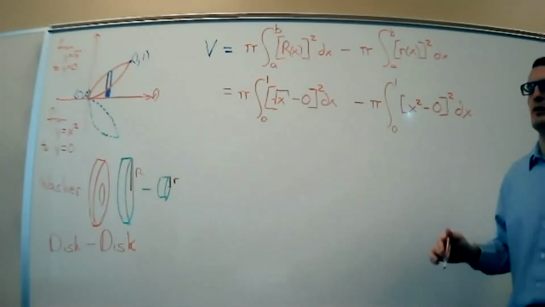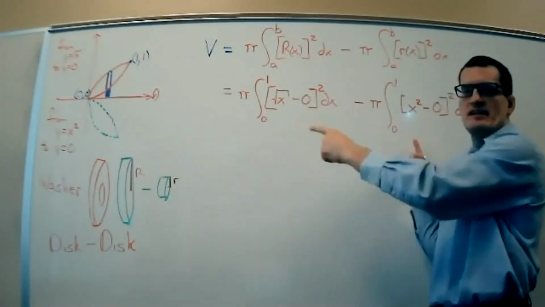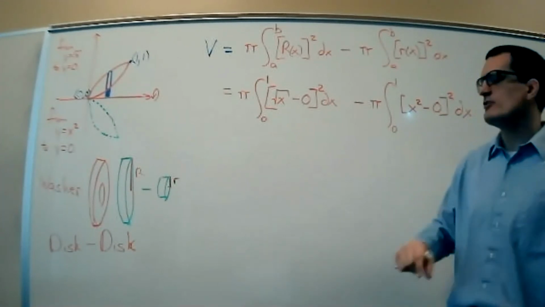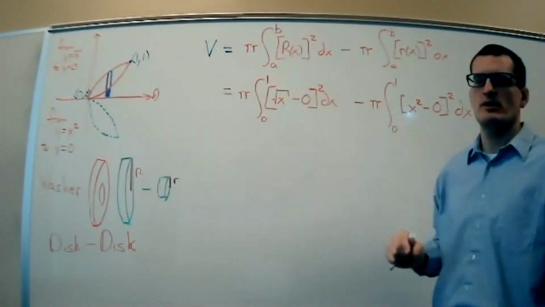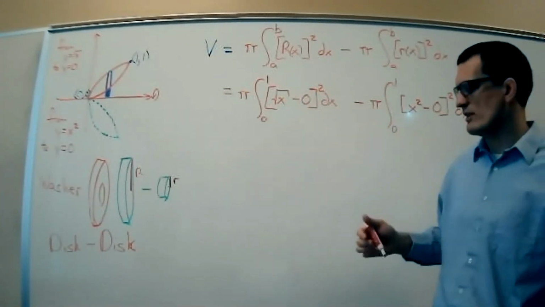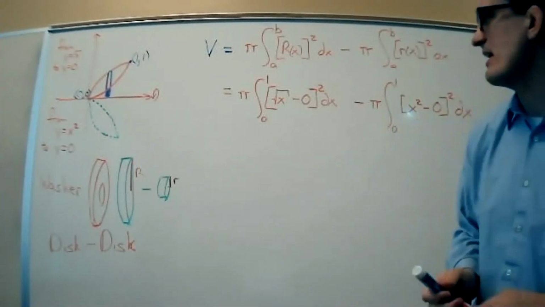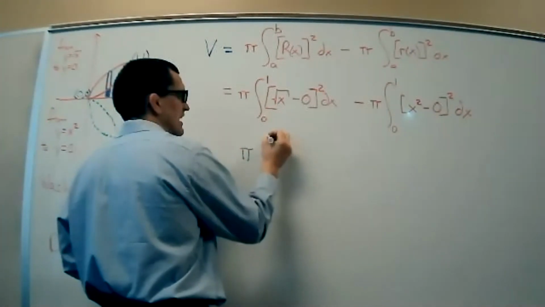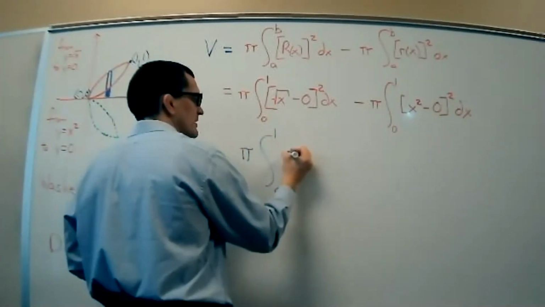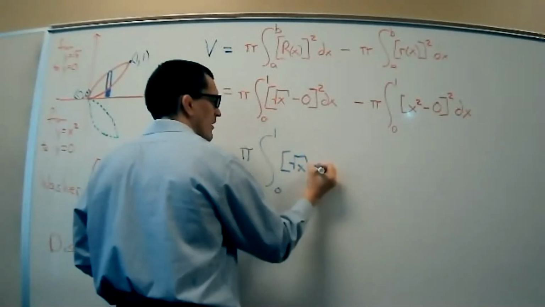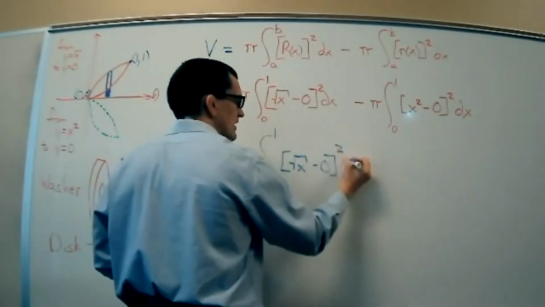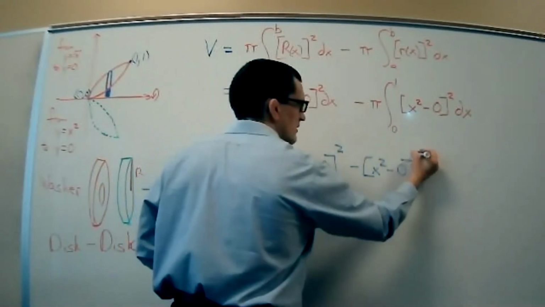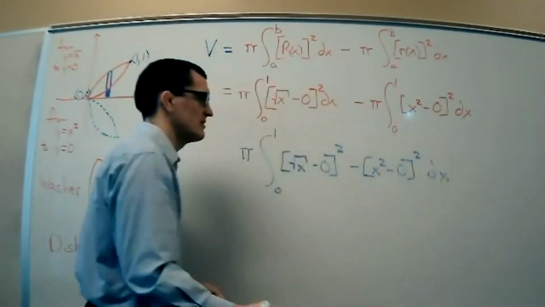Now, if you read along in the book, technically you can combine these into one big integration if you'd like. Since we have the same bounds and we have pi in front of both, we could combine these into one big integration. Your book does this. It writes this as integrate from 0 to 1, square root of x minus 0 squared, minus x squared minus 0 squared dx.